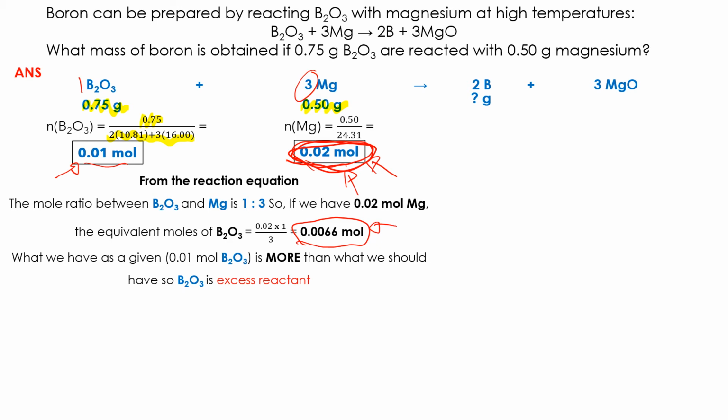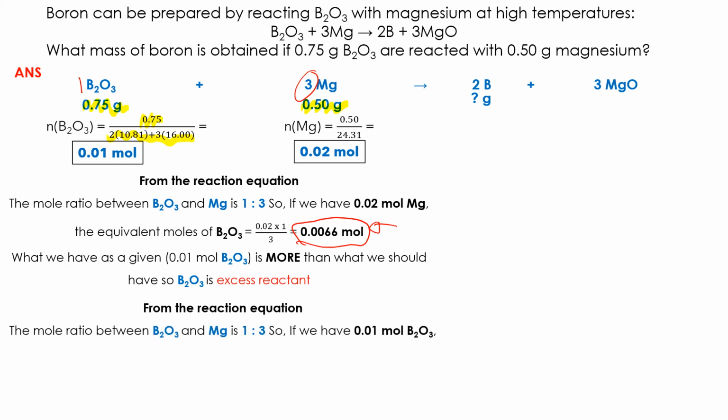Okay, if I would like to make sure that I'm following the correct steps, and B2O3 is excess and Mg is limiting, we can do it from the other side. Again, from the reaction equation, the mole ratio between B2O3 and Mg is 1 to 3. So now I will calculate the amount of magnesium that I would need if I used 0.01 B2O3.